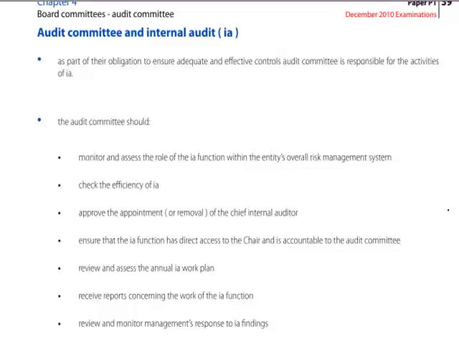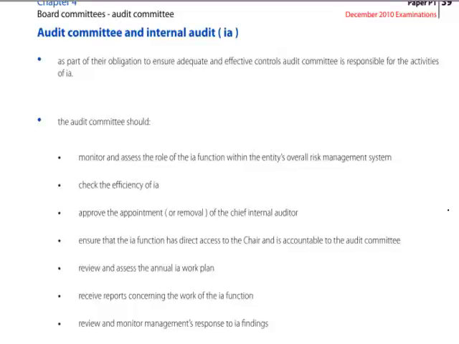P: Physical. S: Segregation. P: Personnel. A: Arithmetic and accounting. S: Supervision. M: Management. Good.